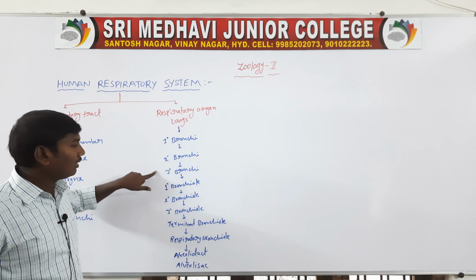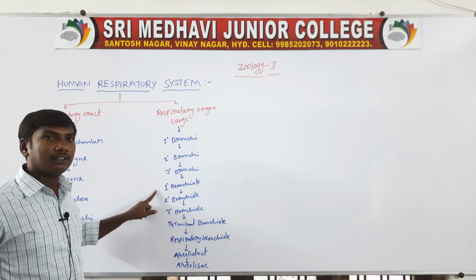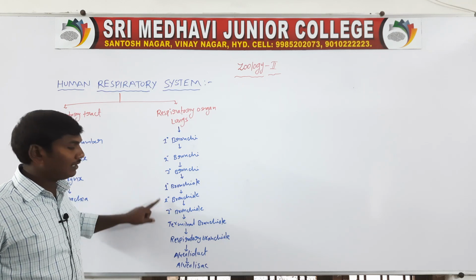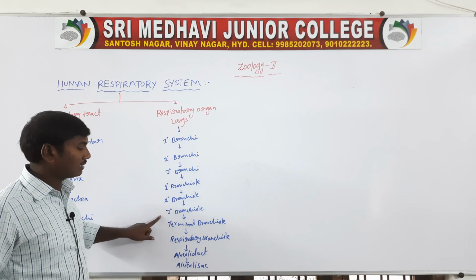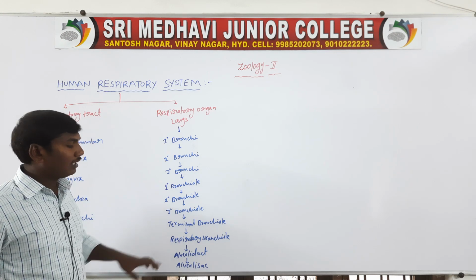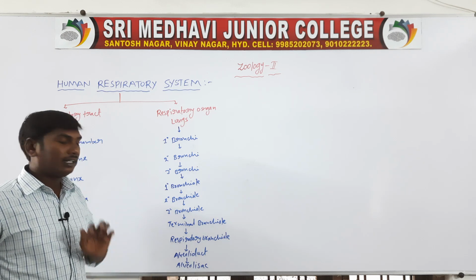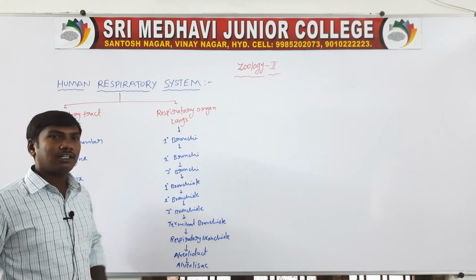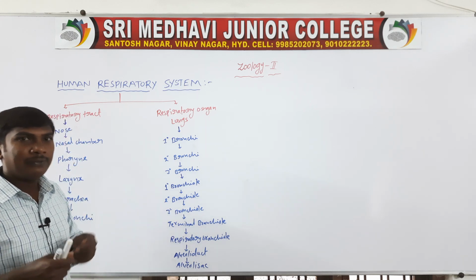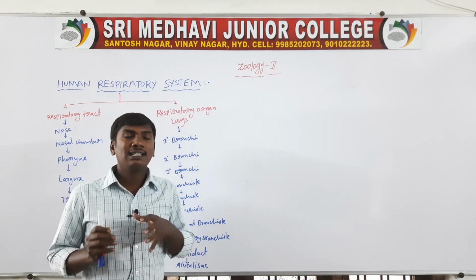The tertiary bronchi further divide into primary bronchioles, then secondary bronchioles, then tertiary bronchioles, then terminal bronchioles, then respiratory bronchioles. The respiratory bronchioles continue to the alveolar duct, which continues to the alveolar sac. The alveolar sac is where the exchange of gases takes place. So this is the flow chart of the human respiratory system.